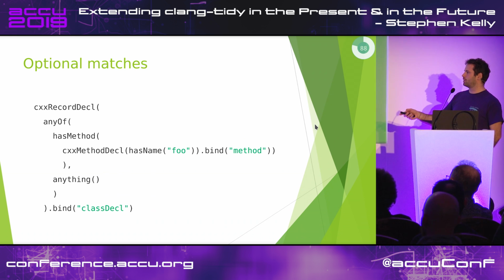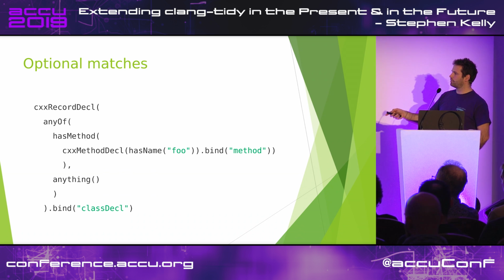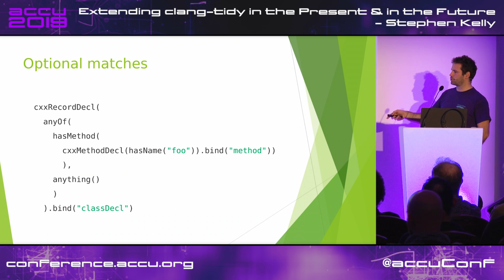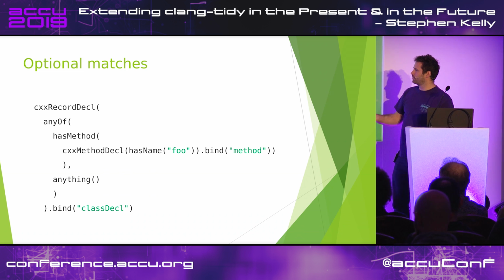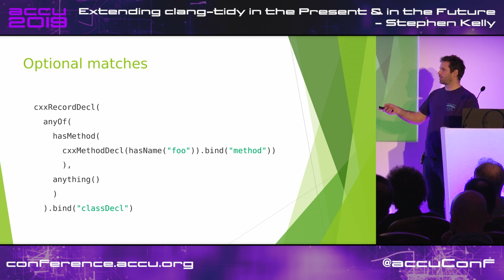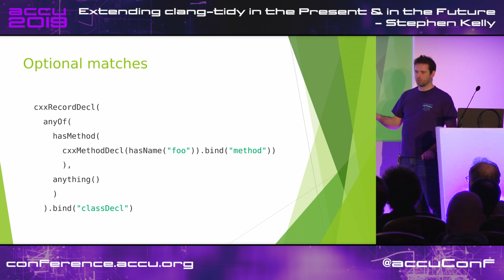The way to do that is to wrap the method check inside of anyOf and pass both the method check and anything. Anything is a special matcher which just matches everything, including nothing. So this is how you express match records with either methods of that name or not, okay?